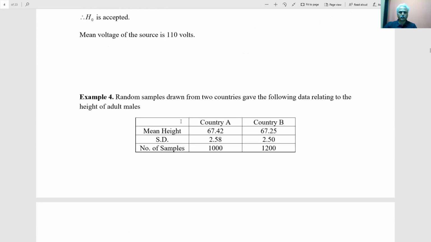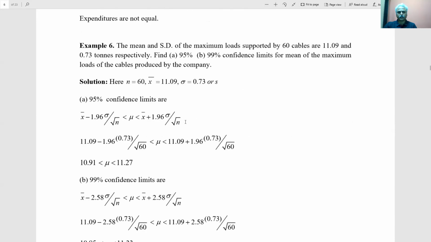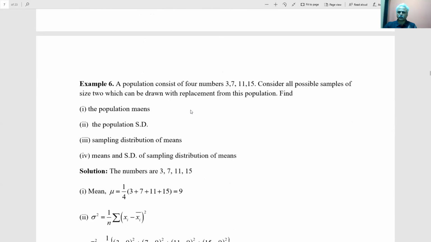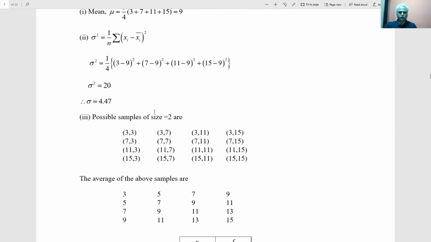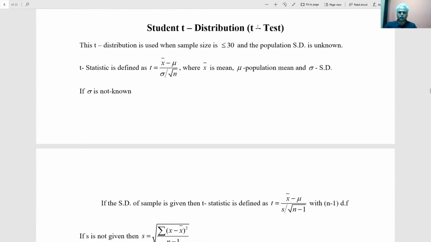For small samples, the previous one is the Z test. We don't call this a Z test, but for the name's sake I am calling it a Z test. So this is the T test, or Student's T distribution. Student is the pen name of the mathematician, just like in India we have the name Vidyarthi.